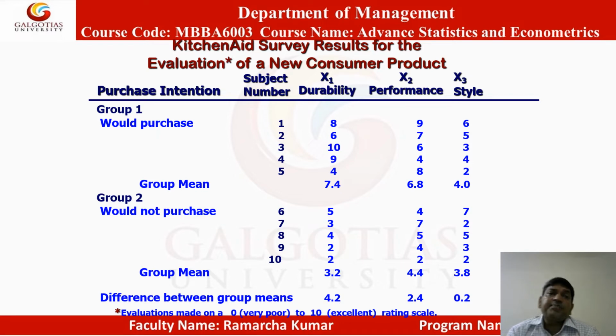This example is the KitchenAid survey results for the evaluation of a new consumer product. The product is evaluated on the basis of 3 parameters, so the independent variables are 3: x1, x2, x3. x1 is durability, x2 is performance, x3 is style, and there are two groups.